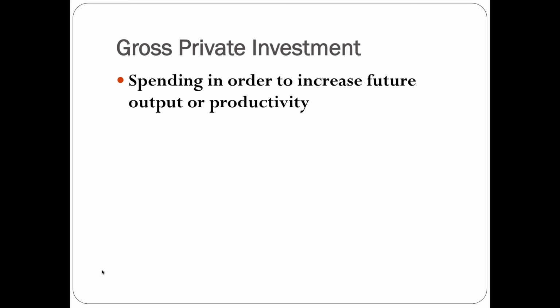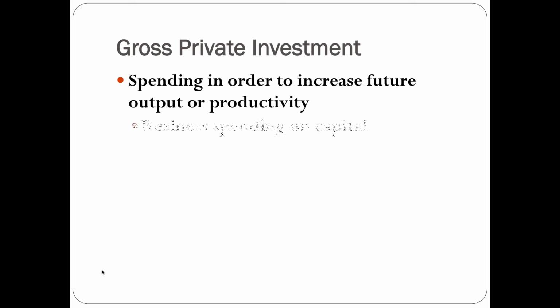But this spending to increase future output or productivity is going to be gross private investment, or IG. Sometimes it can be difficult to decipher between consumption and gross private investment. But if we're spending to increase productivity in the future, it's gross private investment. If we're spending something right now to indulge right now, that is generally going to be consumption.